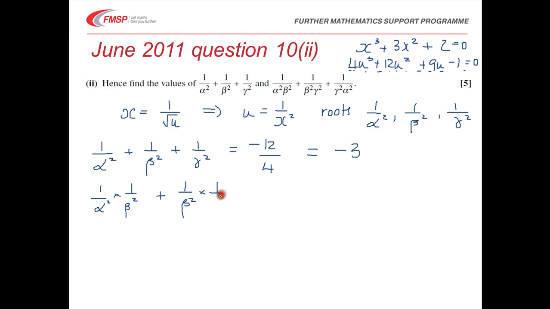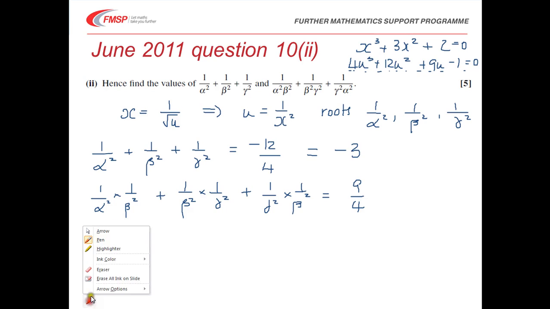So as long as you can see that what we're doing there is just multiplying each of these, that is going to be the same as c over a, and c is 9 and a is 4, and this is just the same as this expression here. As long as you can see, it's just taking the sum of the roots in pairs, 2 at a time. So the answers there are minus 3 and 9 over 4.